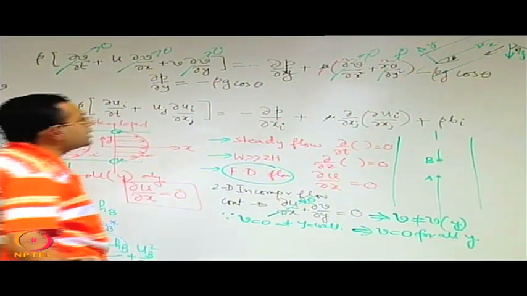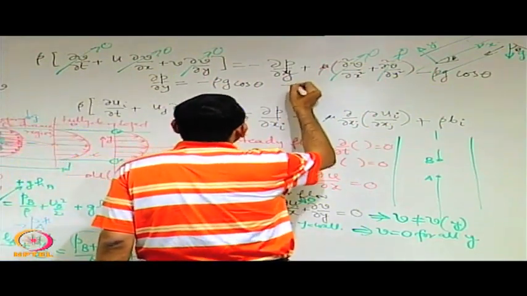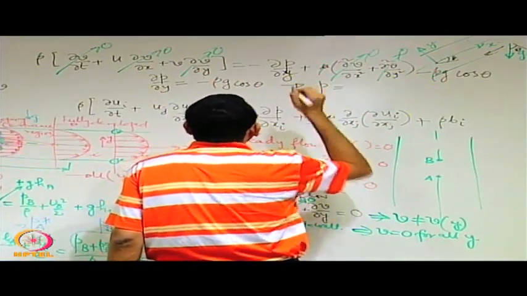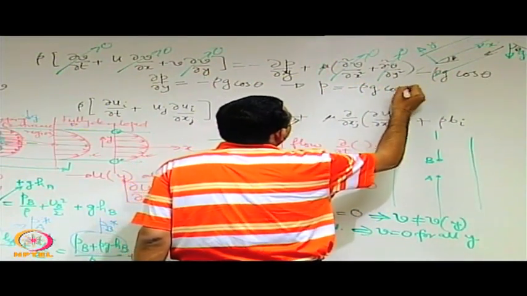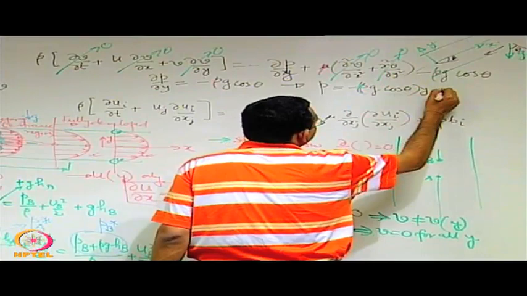So if you integrate it, you have P as minus rho g cos theta into y, say, plus some function of x.